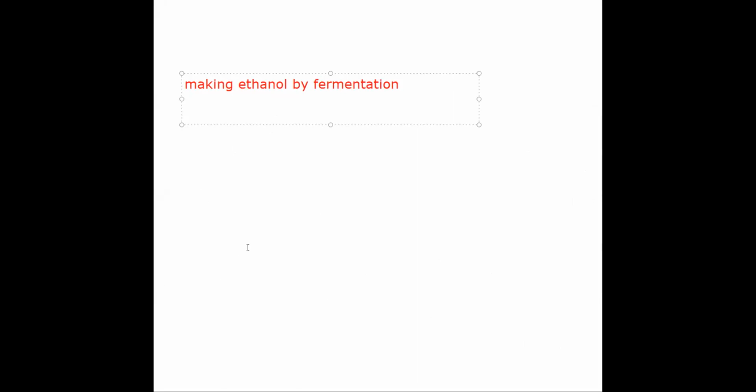Fermentation is when you add yeast or any microbes to get a product of alcohol. When do we have alcohol? That is when in the absence of oxygen. That's important, because in the presence of oxygen, it will produce other products.